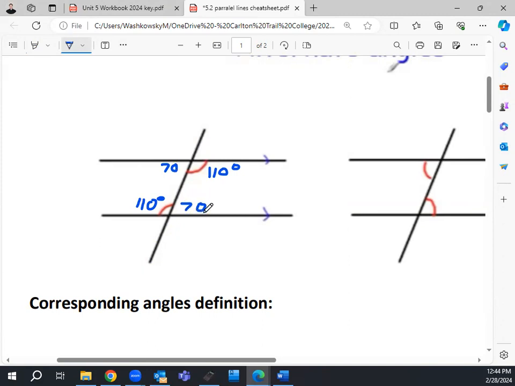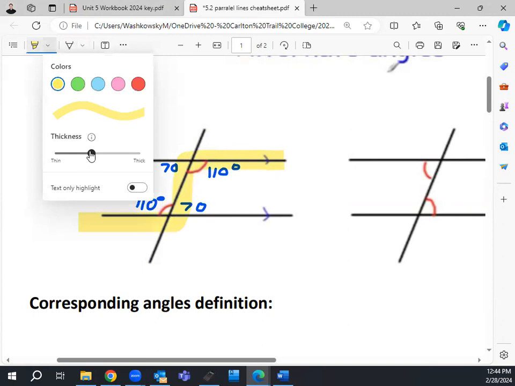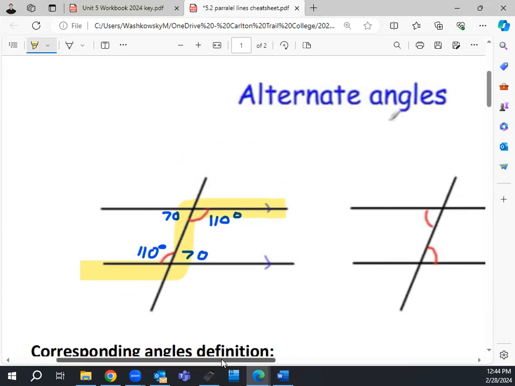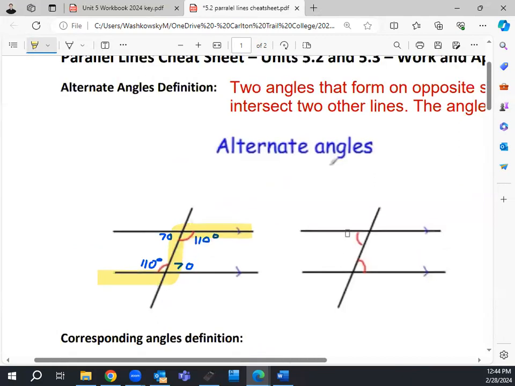And you might be wondering, well, how am I supposed to know that? Well, what we're looking for here is a Z. If you can find a Z in something, you'll have alternate angles. And the Z can go either way. It can go backwards, it can go up and down. Either of them would work.